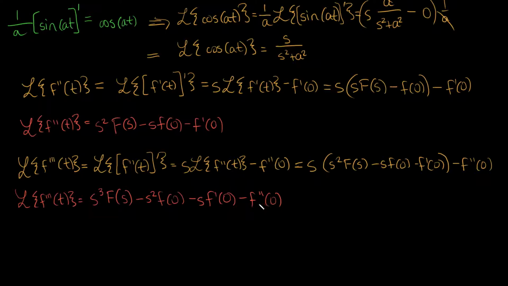What we found is that the Laplace transform of the nth derivative of a function is equal to s times the Laplace transform of the n minus 1th derivative, minus f to the n minus 1th derivative evaluated at 0.